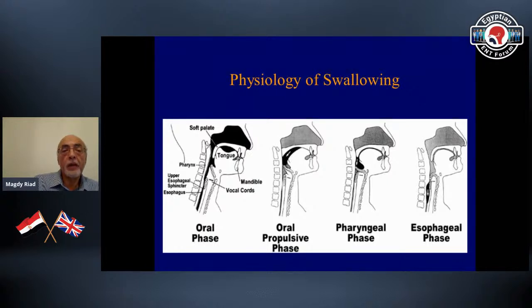So it's not very useful, after the very preliminary introduction into swallowing, to classify things into an oral phase, an oral propulsive phase, and then a pharyngeal, and then an esophageal. It's just useful for the introduction to the understanding, but that's about it, basically.